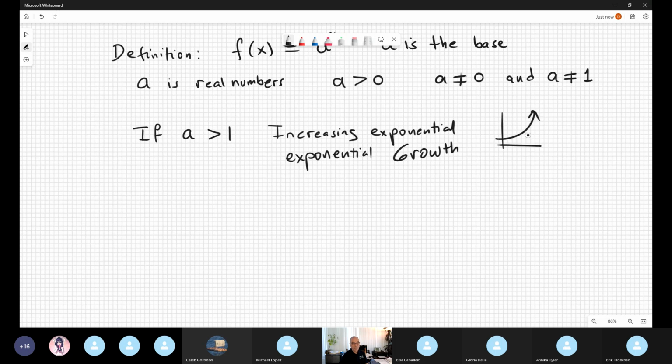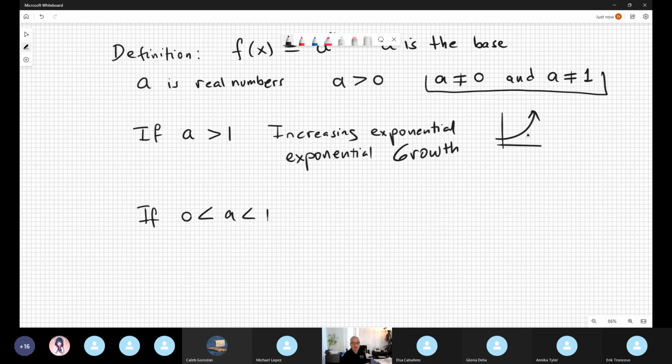Boom, it's going up. However, another possibility is that the base is a fraction, so less than 1. So actually it's in between 0 and 1. Remember, 0 and 1 are illegal.